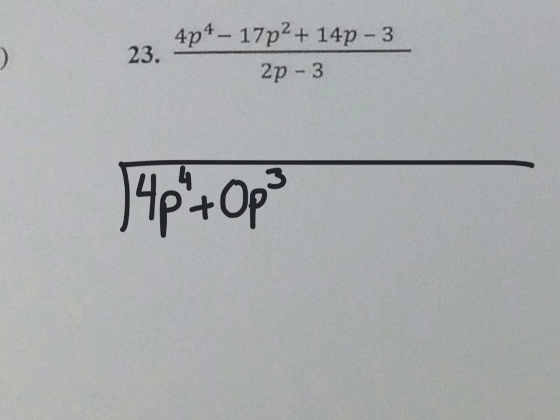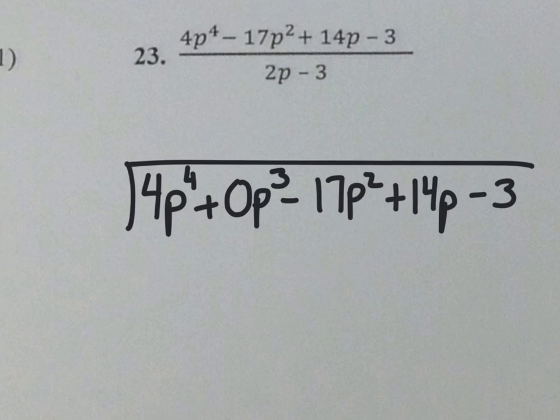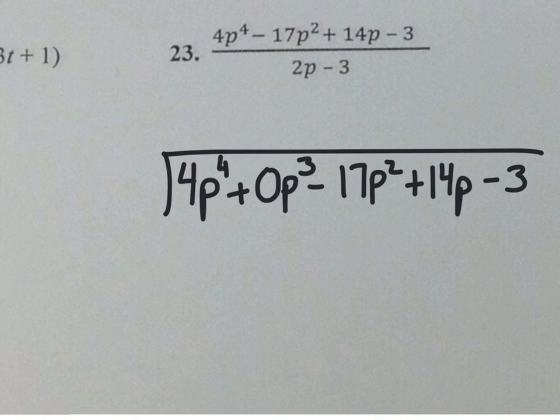So you put a 0p to the 3rd right there. And then you continue with minus 17p squared plus 14p minus 3 at the very end. And on the outside is the divisor, and the divisor happens to be 2p minus 3. That's how you set it up.